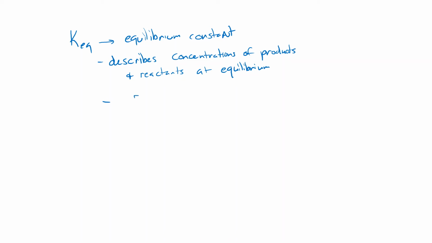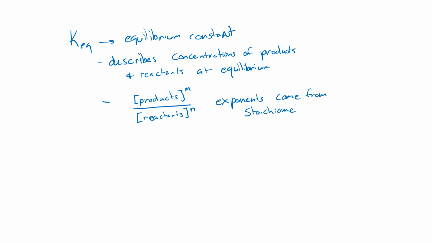KEQ is always in the form of the concentration of the products to some power, M, over the concentration of the reactants to some power, which we'll call N. The exponents come from the stoichiometry of a balanced equation.